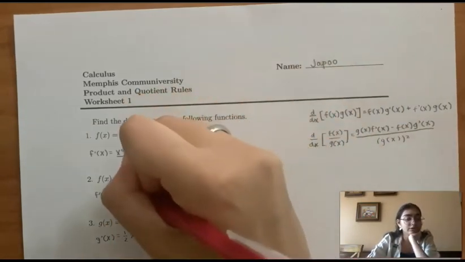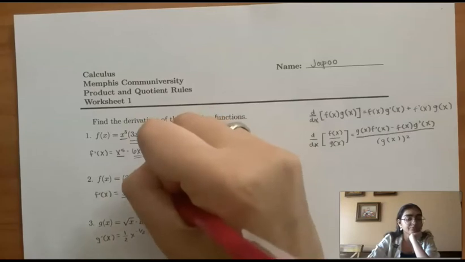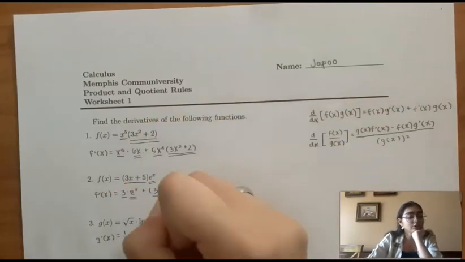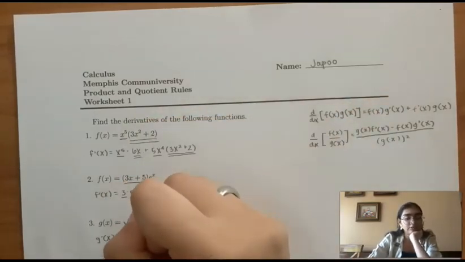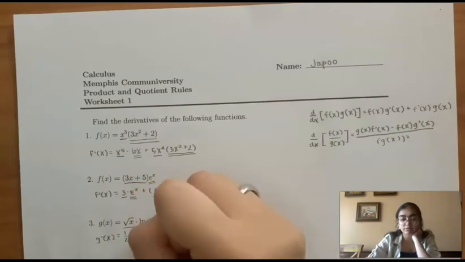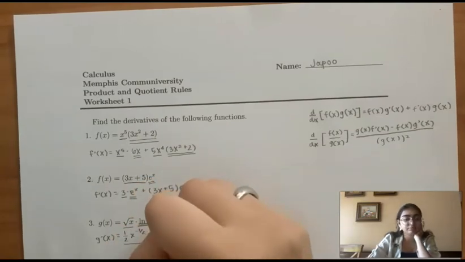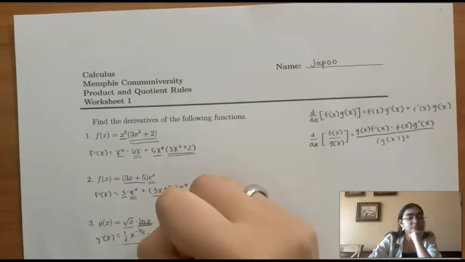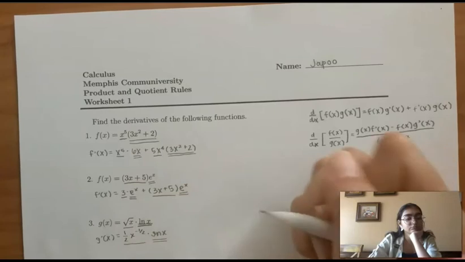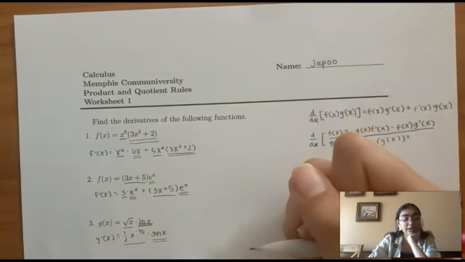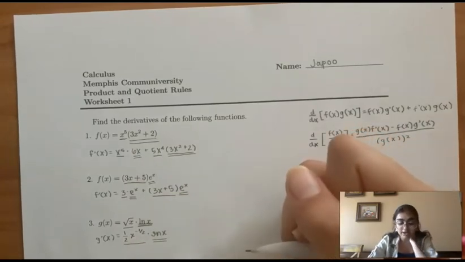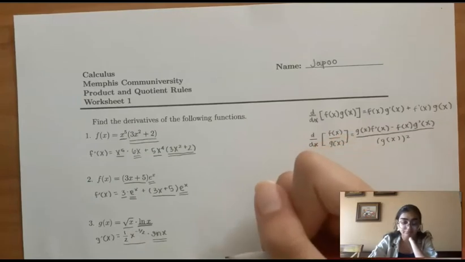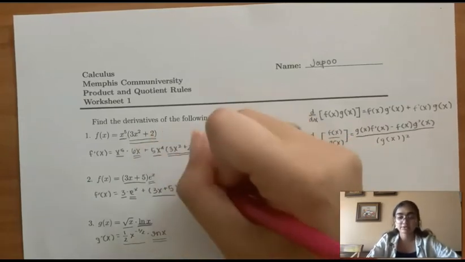And I'm going to go ahead and underline the previous problem. And then we're going to keep ln of x the same. And then we're going to keep square root of x the same and take the derivative of ln of x.